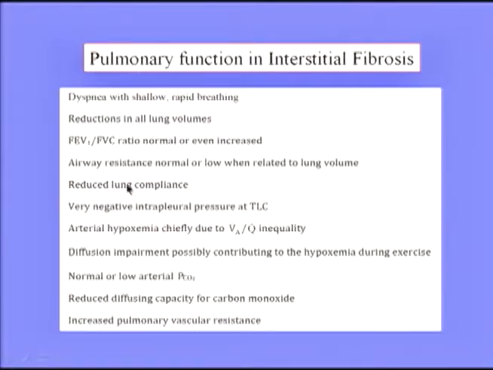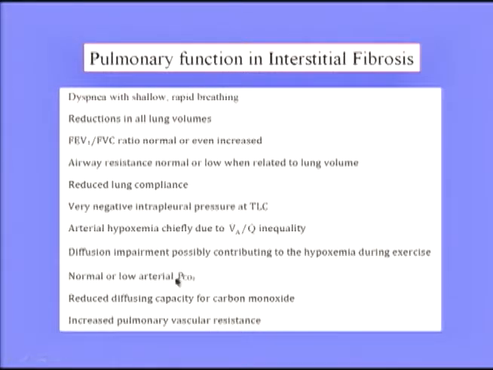There's a reduced lung compliance, as we saw, because of the scar tissue in the lung, very negative intrapleural pressures at total lung capacity. The arterial hypoxemia is chiefly due to ventilation perfusion inequality. Maybe I didn't actually say that, but I certainly implied it. At rest, you see, all the hypoxemia could be explained by the VA/Q inequality, and even on exercise, most of the hypoxemia is caused by VA/Q inequality, but diffusion impairment apparently contributes to the hypoxemia during exercise.